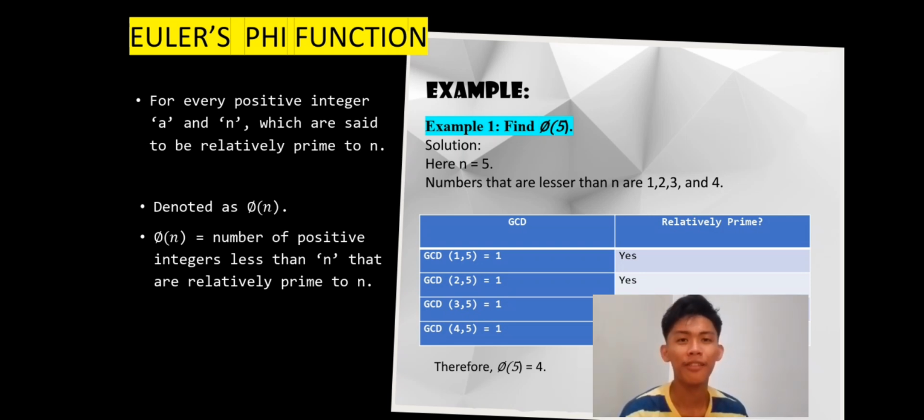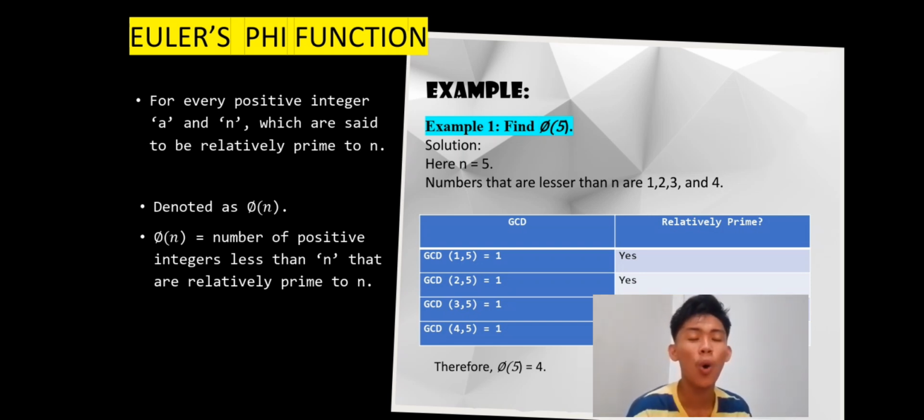So let's have an example for us to understand. Find phi of 5. So our n here is 5. The first step we need to do is to list all the elements. The elements are 1, 2, 3, and 4. The next step is to find the GCD to check if they are relatively prime to 5.